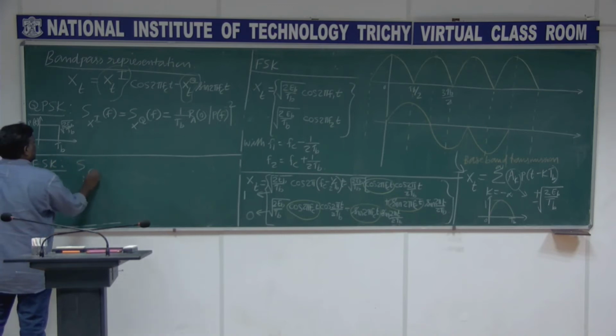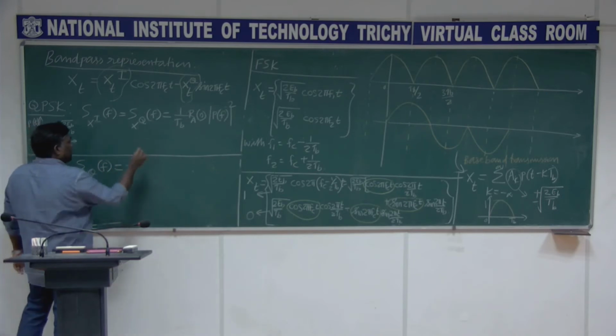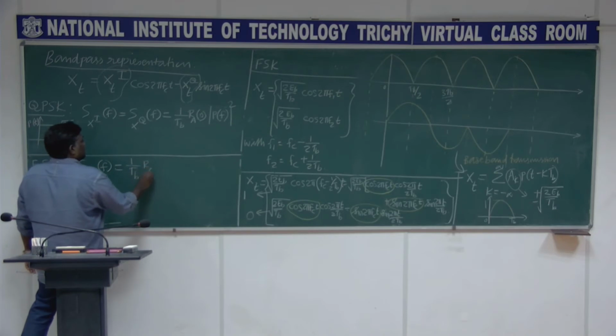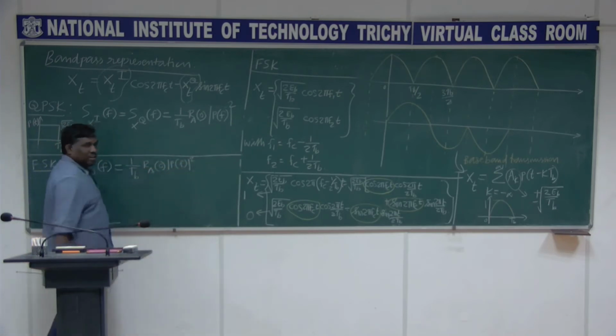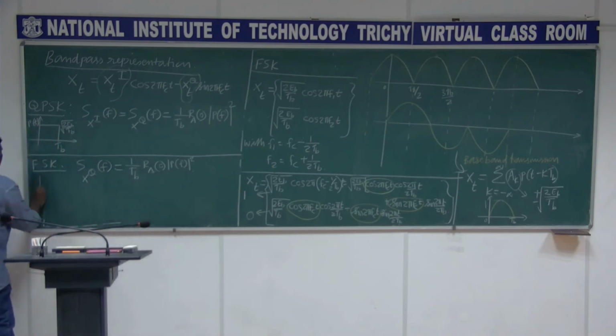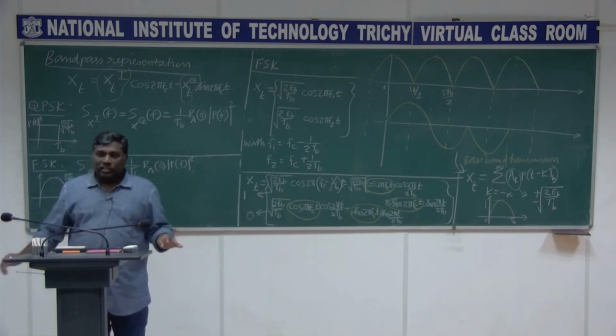I can write the same expression, but what is the difference? The pulse we use here for the quadrature is your sine, and this is going to be your TB, and this peak value is going to be root 2 EB by TB. Very simple, that is very straightforward.